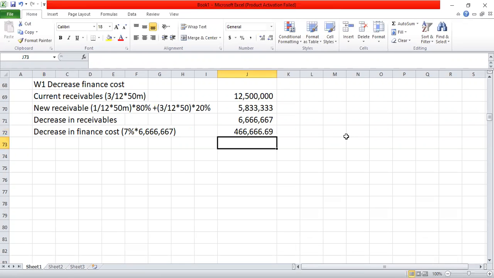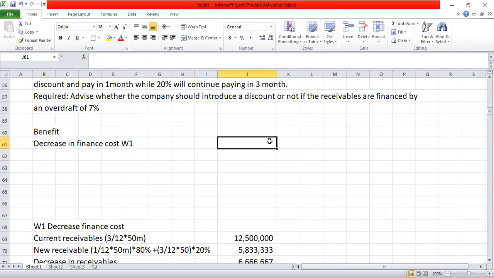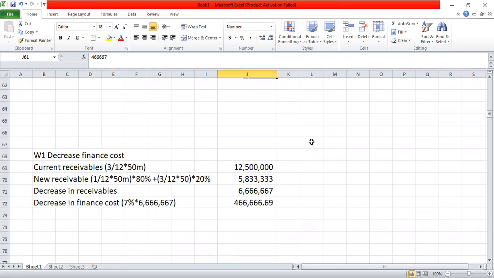So this is going to be our benefit, 466,667. This is the benefit that is going to come from the new policy as a result of a decrease in the finance cost.